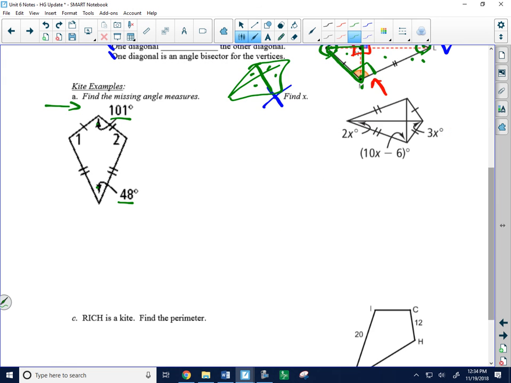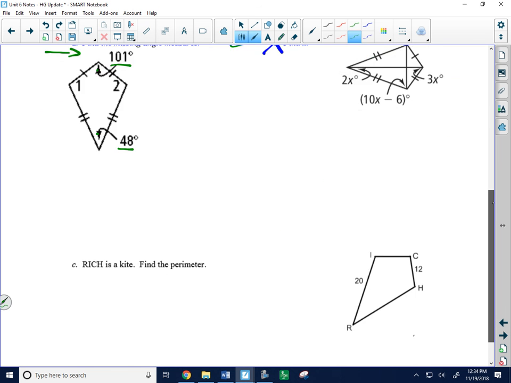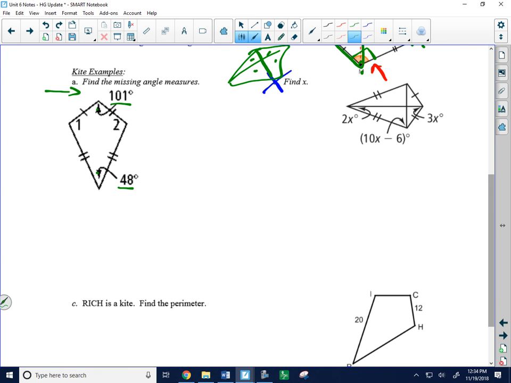Hold on 1 second. Let me just finish these up. So find the missing angle measures. We're going to do A and C. So this one finds missing angle measures. I mentioned how the sum of the angles is 360 in a kite.